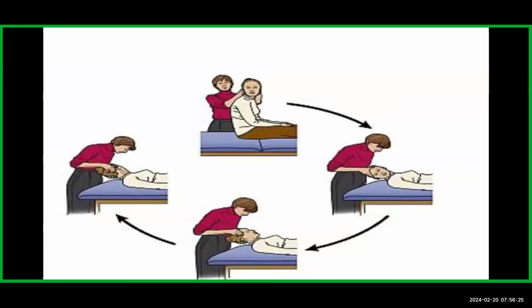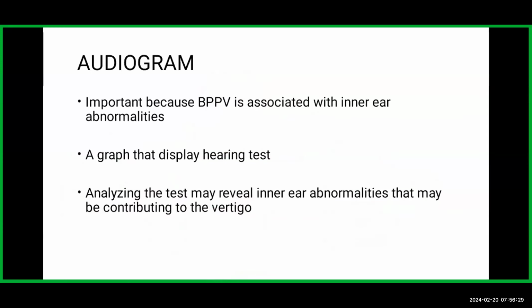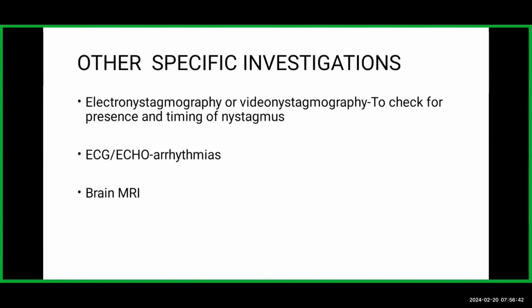The other investigation that can be done includes an audiometry, where one could check the audiogram, which could suggest if there is any hearing abnormality. Other specific investigations that could be carried out in this patient include electronystagmography or videonystagmography to check for the presence of nystagmus.